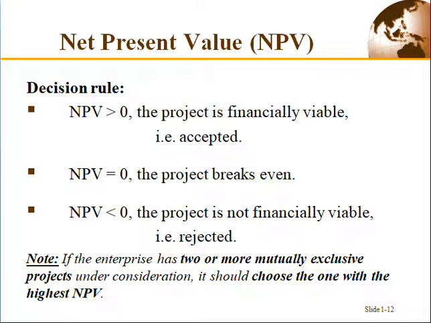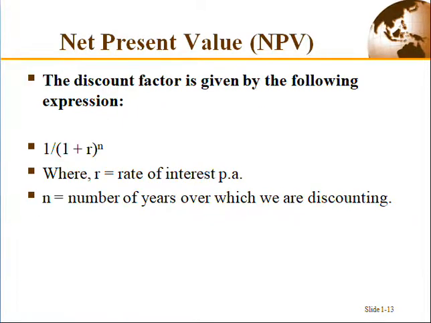Now, if it is less than 0, then the project is not viable. You don't go in there. So if an enterprise has two or more mutually exclusive projects, not joined together under consideration, it should be able to choose the one with the highest net present value. All right, so this is how to calculate it, like we discussed earlier.